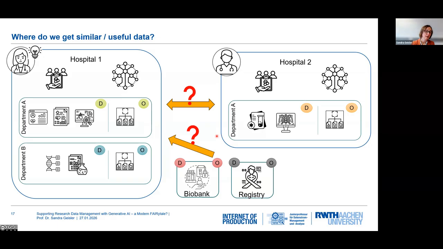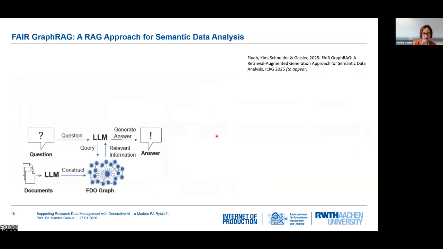So to find out what kind of data exists in different data sets, we provided a generative AI-based retrieval augmented generation approach for semantic data analysis, where we used LLMs in different ways.